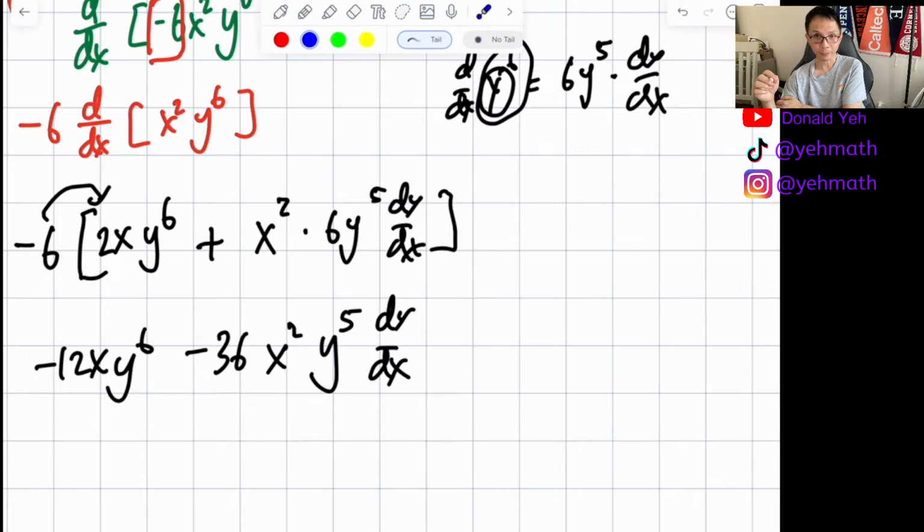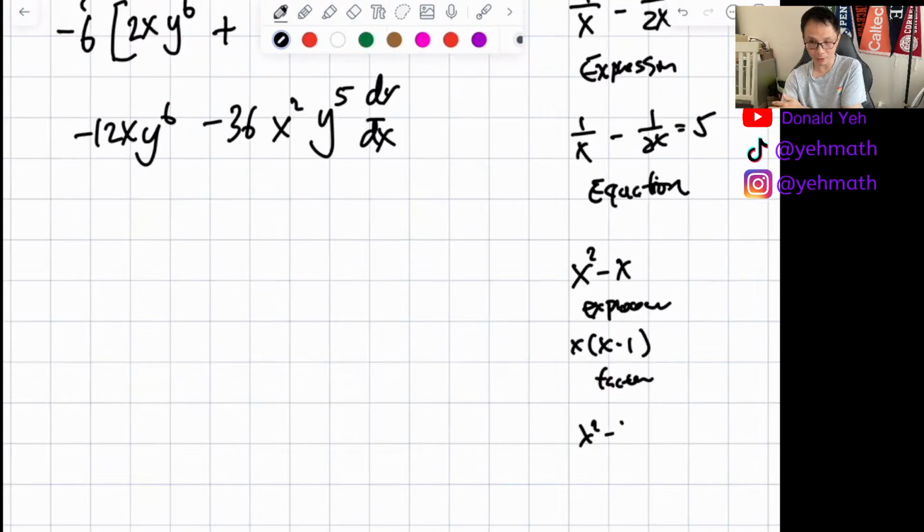There's nothing to solve. The only thing you can do is factor. You cannot solve, because this is an expression. An expression you can factor. But this is what you're supposed to solve for. If it's equal to 0, then you can solve for something. So you can factor out x minus 1 equal to 0, x equal to 0, x equal to 1. So that's that.